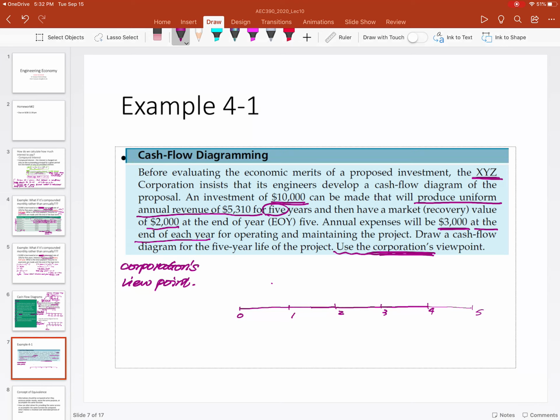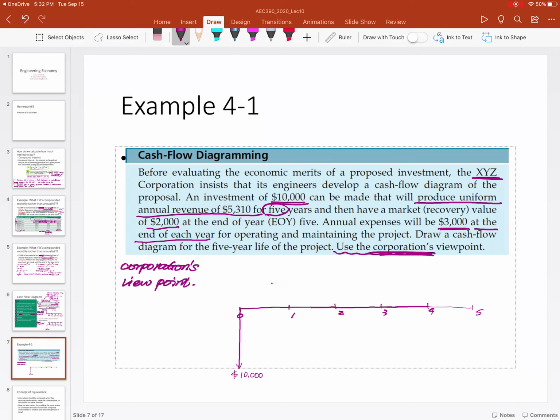And then all the other cash flows like 5,000, 3,000, 2,000 should be shorter than this first cash flow line. So first it's outflow, so it's going downward. And you need to label that number. It's 10,000 going out of the corporation's pocket.